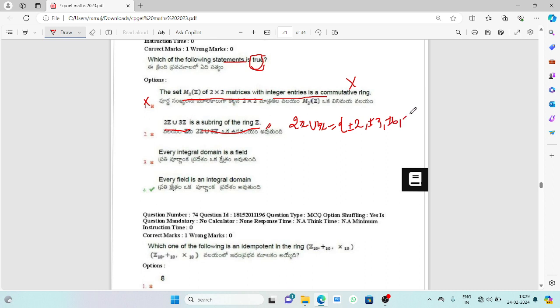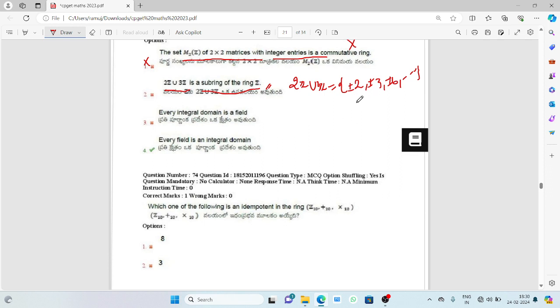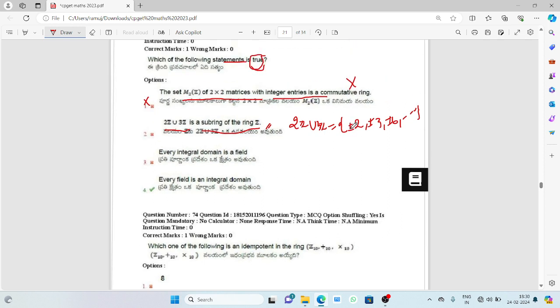Like this, the elements are there inside this union of two subgroups. Here we have to check whether it satisfies the closure property under addition. So if I take two elements 2 and 3 and apply the closure property, I will get 2 plus 3, that is 5, but it is not contained inside the union. So it fails the closure property.